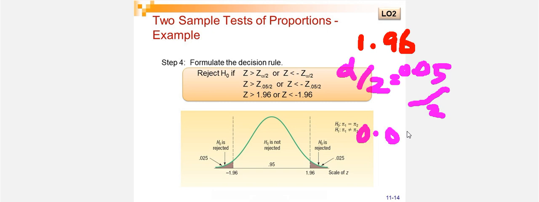Chang, what you get? 0.05 bagi 2, 0.025.